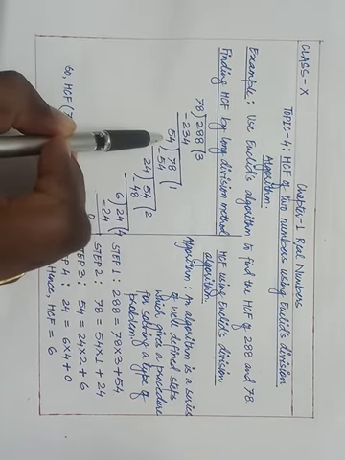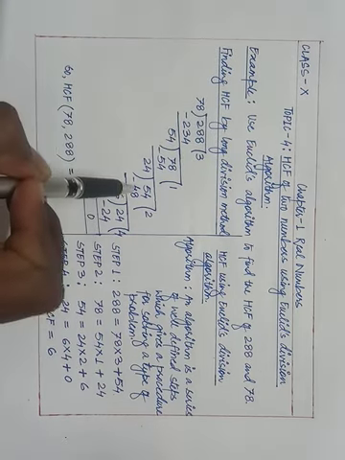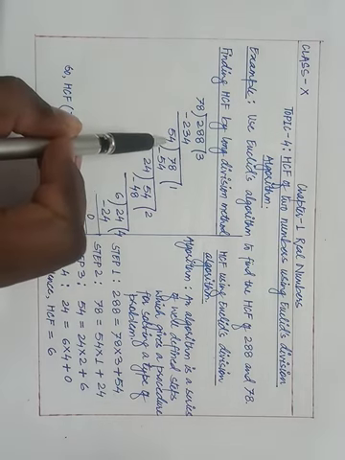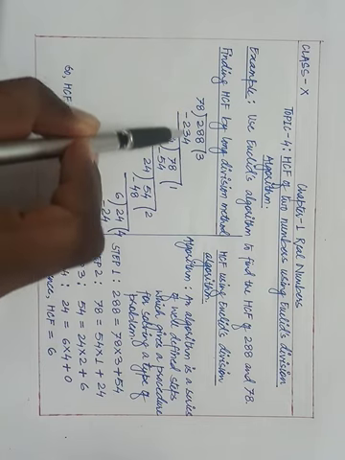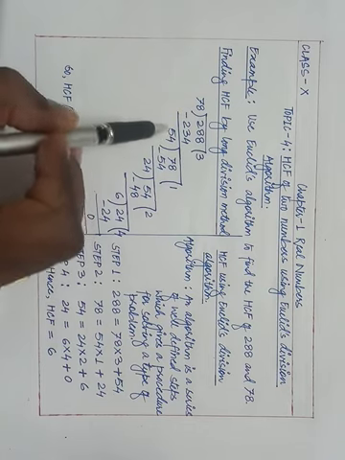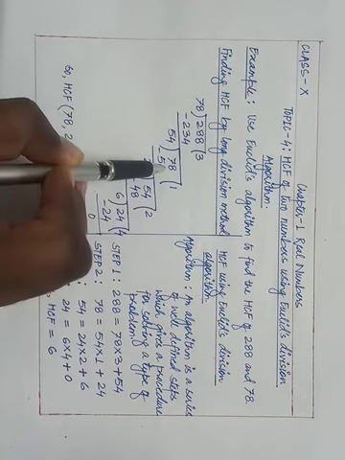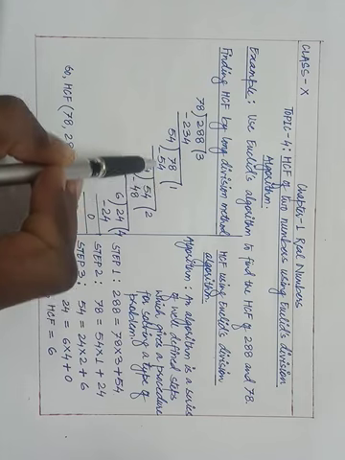Since the remainder is not equal to 0, we have to continue this division until we get remainder as 0. So how will you continue this division? The remainder will become the new divisor and this 78 will become the new dividend. Now we can continue with our division.